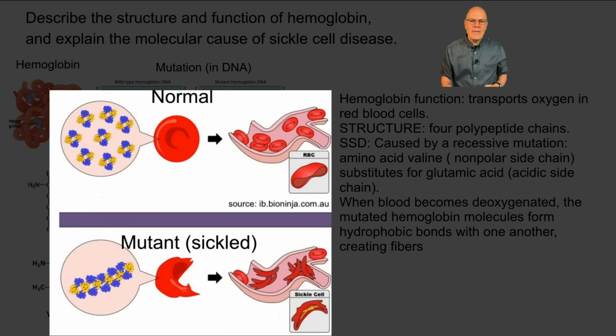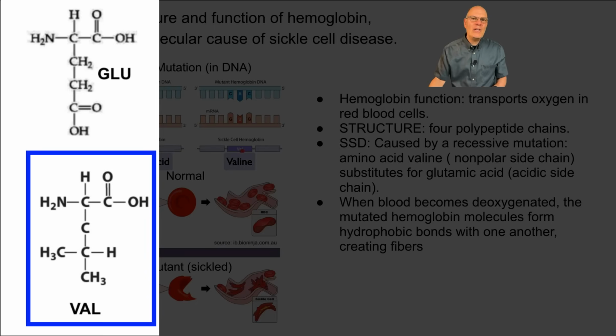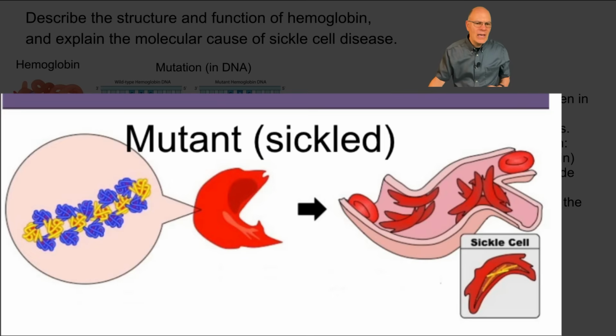When blood becomes deoxygenated, those mutated hemoglobin molecules form hydrophobic bonds with one another. Why? Because they have a hydrophobic amino acid sticking out on the outside, and that causes them to do this.